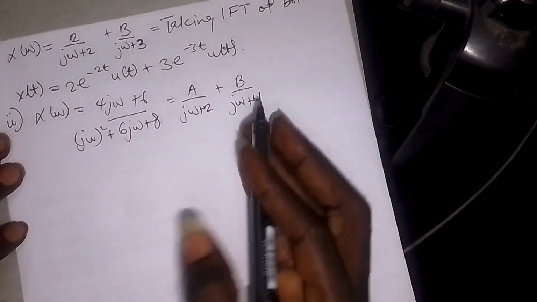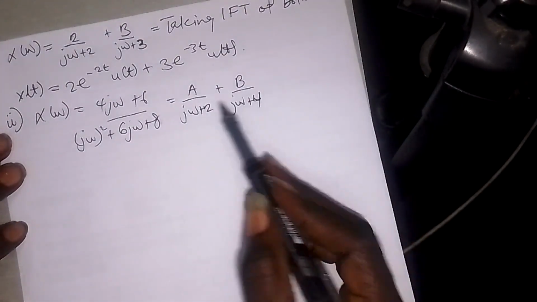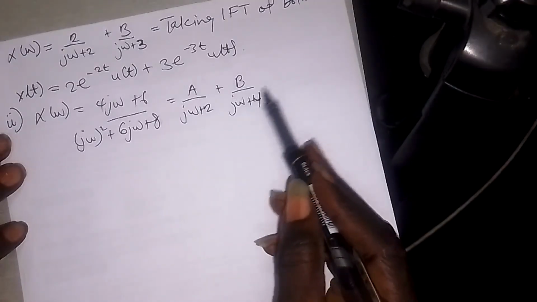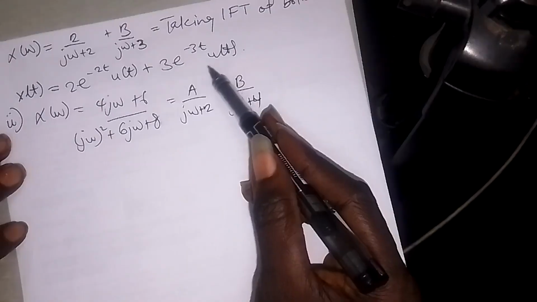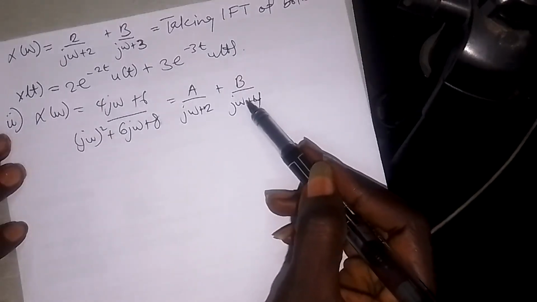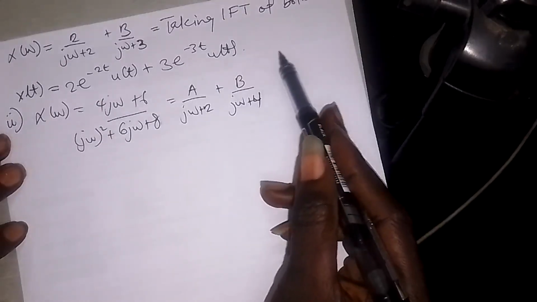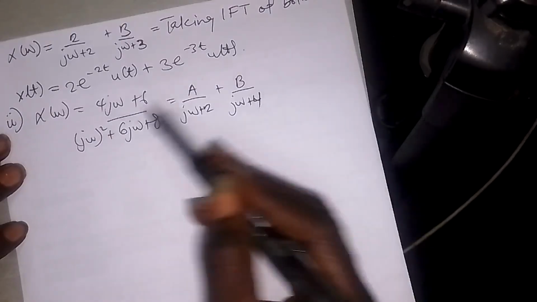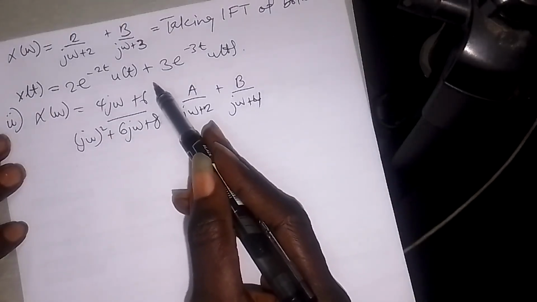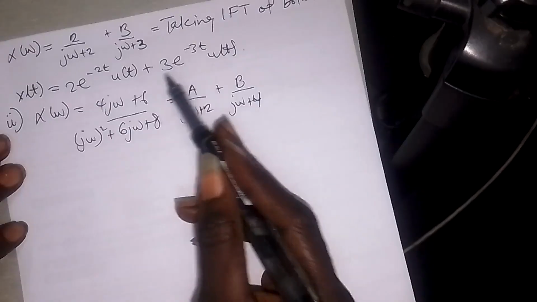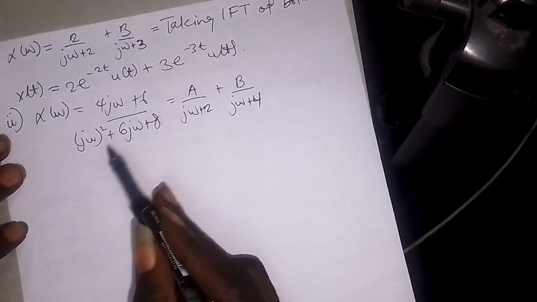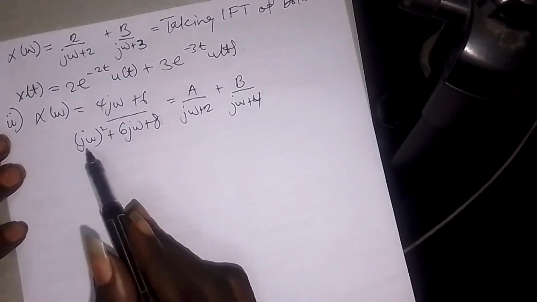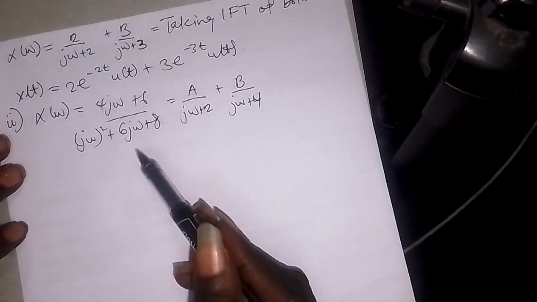All right. So if I do that, and then I multiply through by j omega plus 2, j omega plus 4, here j omega plus 2 cancels j omega plus 2, and I'll be left with j omega plus 4. Here j omega plus 4 cancels j omega plus 4, and I'll be left with j omega plus 2. They will both be cancelled by this one, because this is also a product of j omega plus 2, j omega plus 4.